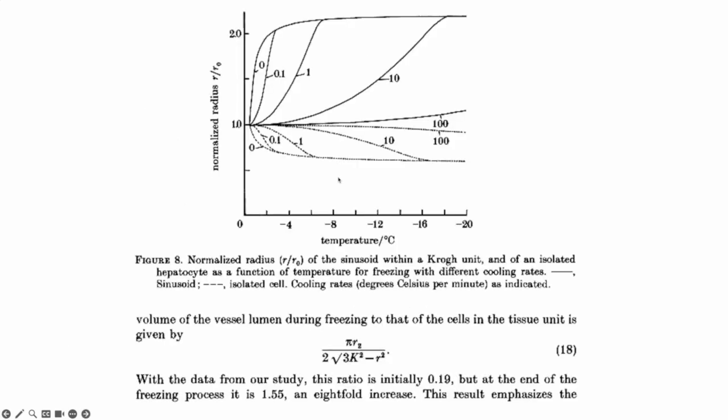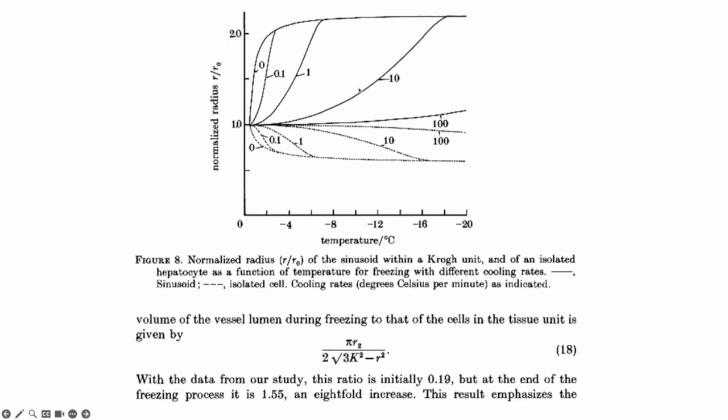When a cell freezes and water leaves the cell, it begins to shrink. But the shrinkage of the cell is only about 0.8%, just because of geometry. Now, on the other hand, for the blood vessels, if the cells shrink, the blood vessels expand.